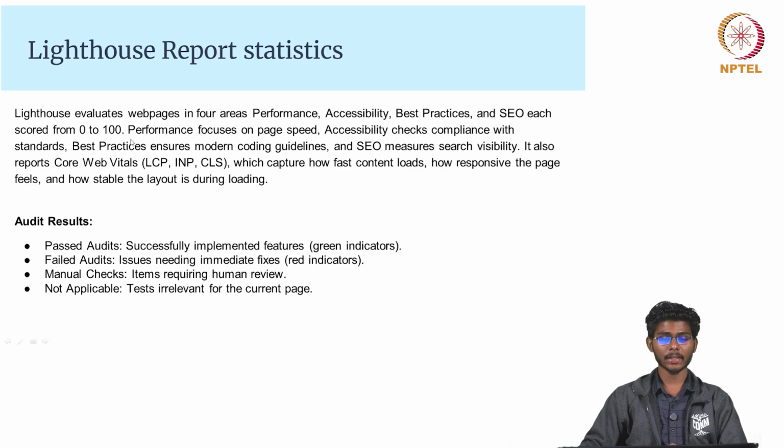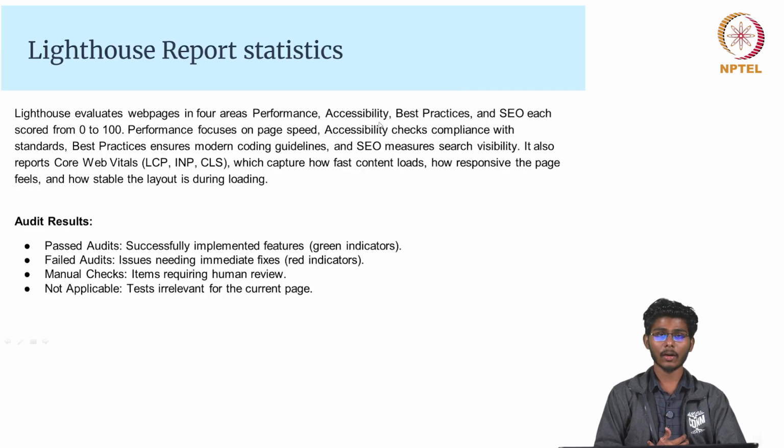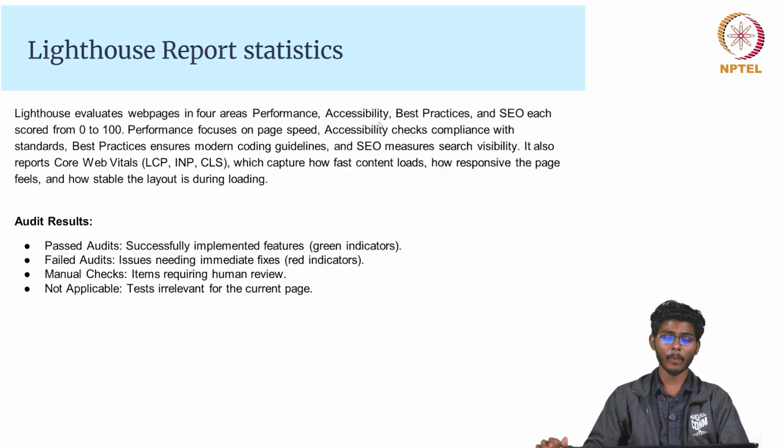The report statistics mainly focus on performance, accessibility, best practices and SEO, and it also reports the Core Web Vitals, like LCP, the metrics used for performance, which capture how fast the content loads, how responsive it is, and how the JavaScript elements are loaded in the website.